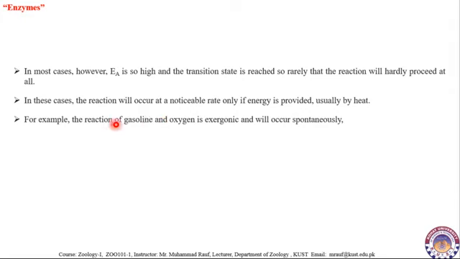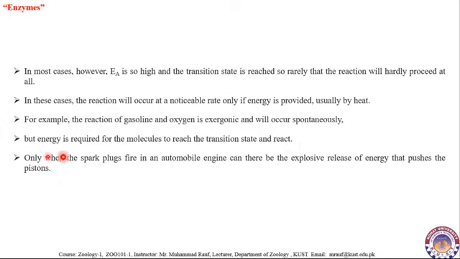For example, the reaction of gasoline and oxygen is exergonic and will occur spontaneously. But energy is required for the molecules to reach the transition state and react. Only when the spark plugs fire in an automobile engine can there be the explosive release of energy that pushes the piston.